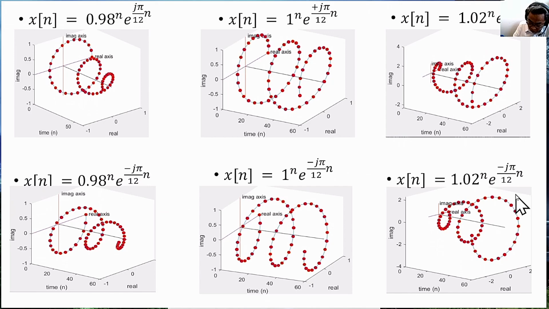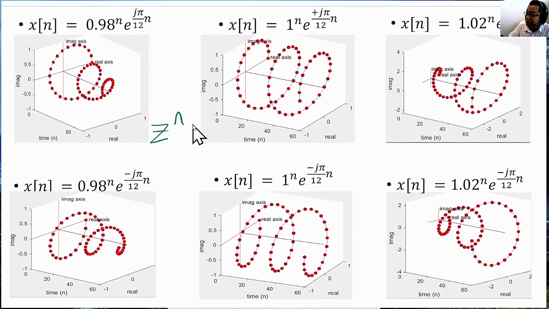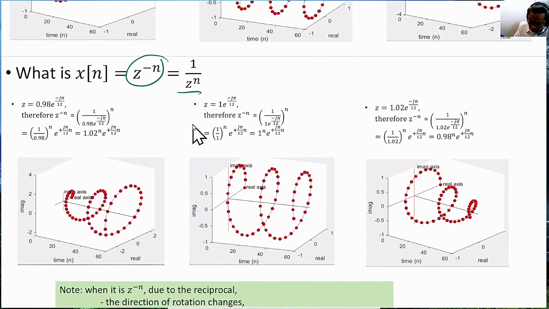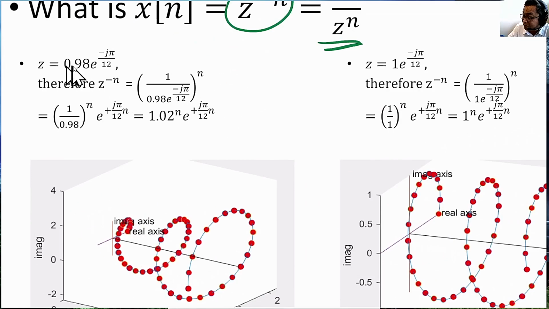Now we have talked about z to the n, but z to the n is not what we are interested in. We're interested in z to the minus n. So what is z to the minus n? It is nothing but 1 over z to the n. So let's look at if we have z.